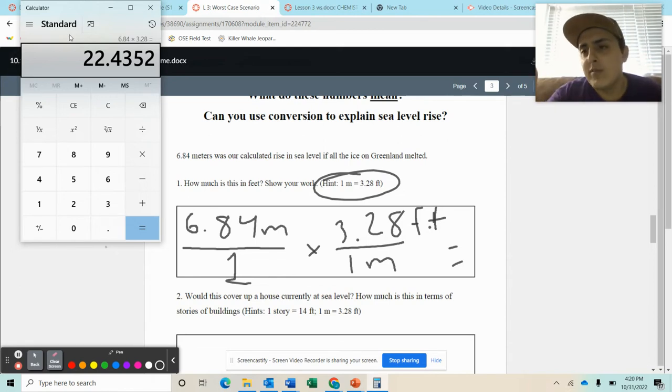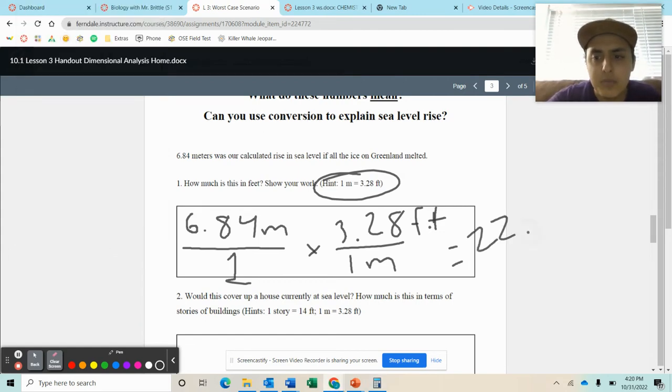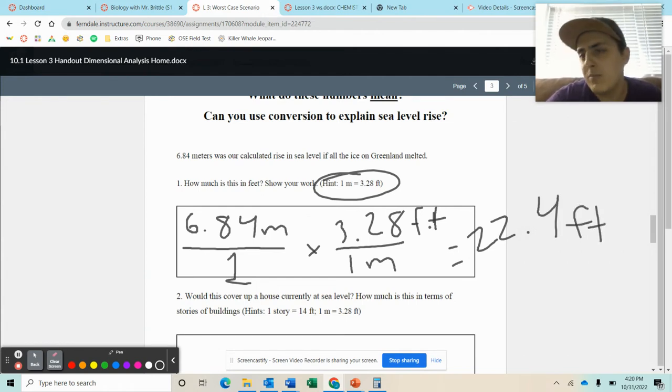I'm just going to say 22.4. And the reason that we don't really need to divide it by anything is because 1 times 1 is 1, and anything divided by 1 is just itself. So our final answer here is 22.4, and that's in feet because that was the point of what we were doing. We're trying to convert it.